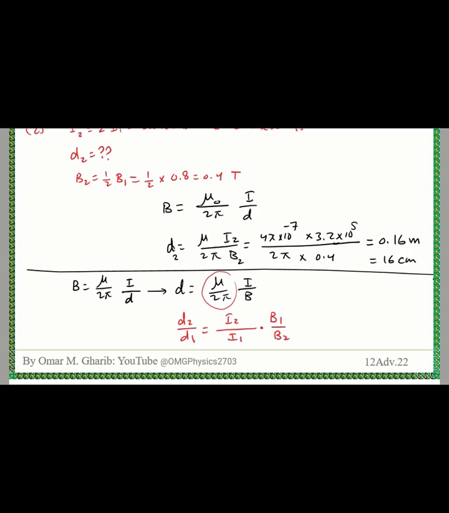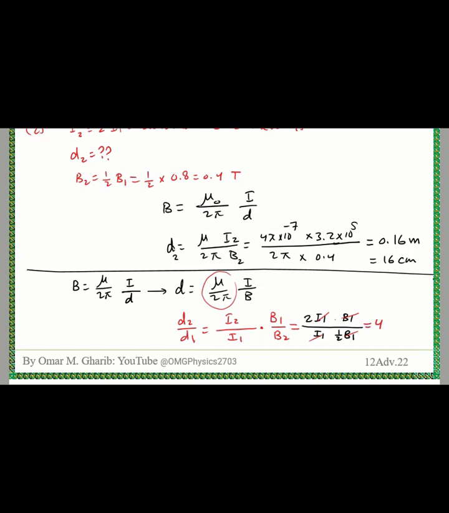Now substitute. We double the current, so 2 I1. I1 remains the same. B1. We halve the magnetic field, so half B1. This is a suitable procedure for the proportionality.